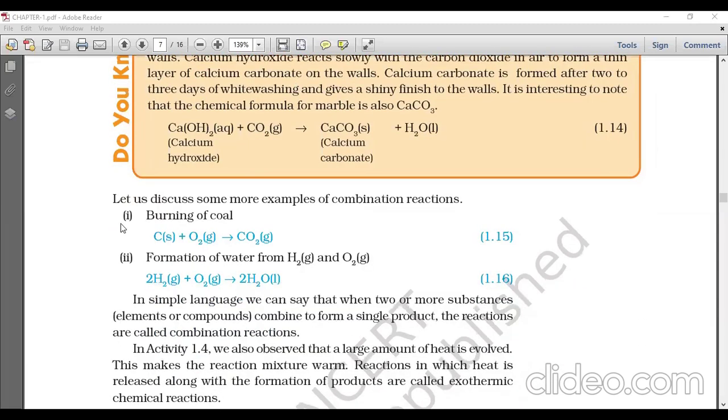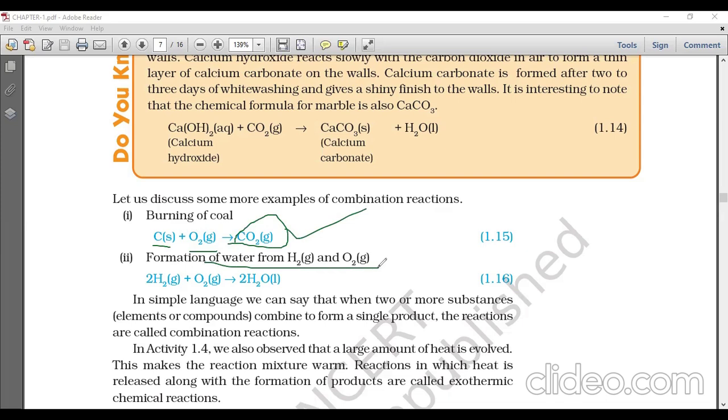See here, carbon and oxygen give rise to carbon dioxide. Burning of coal. Burning requires oxygen, right? So what is happening here? Two elements are reacting and giving a single product. So this is an example.